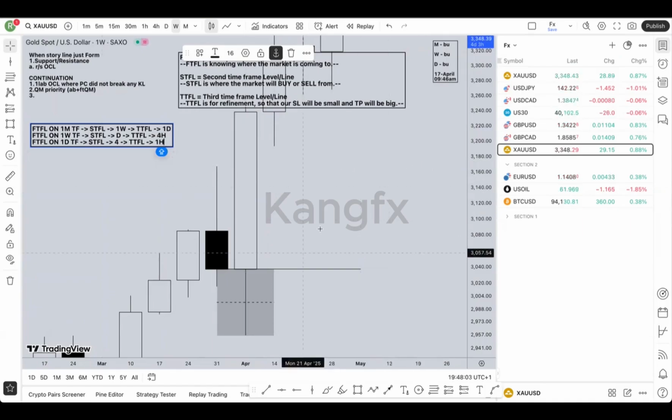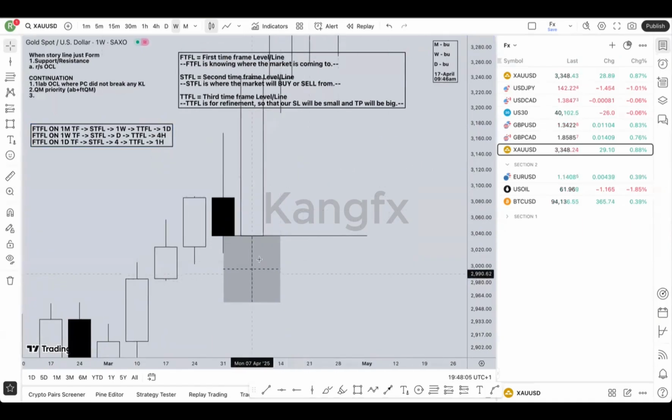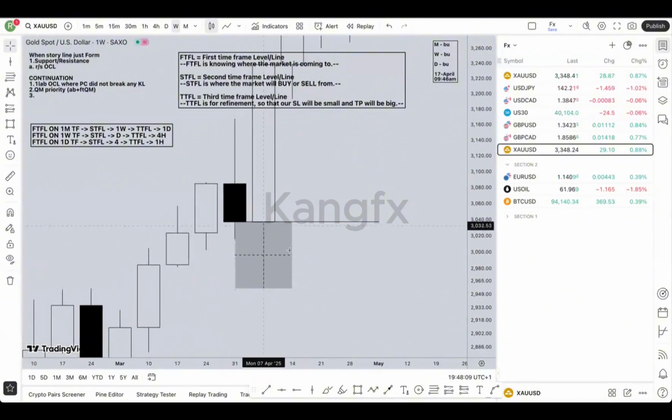So here, the FTFL is on weekly. After marking out our area where we're going to look for the next key level, we are going to go down to daily because FTFL is on weekly.